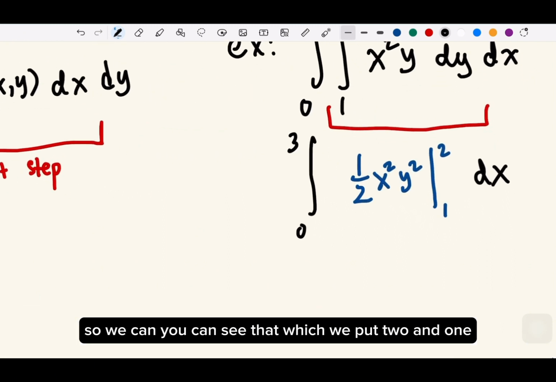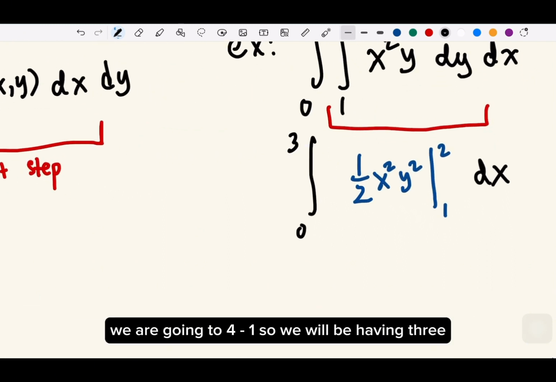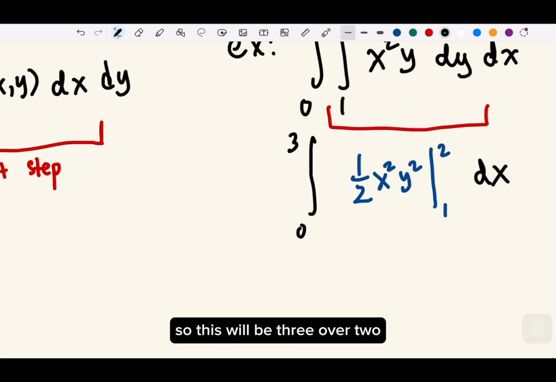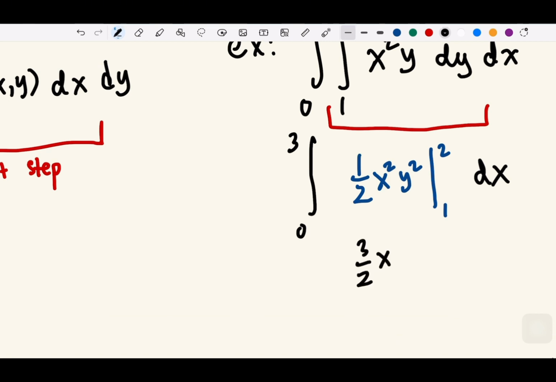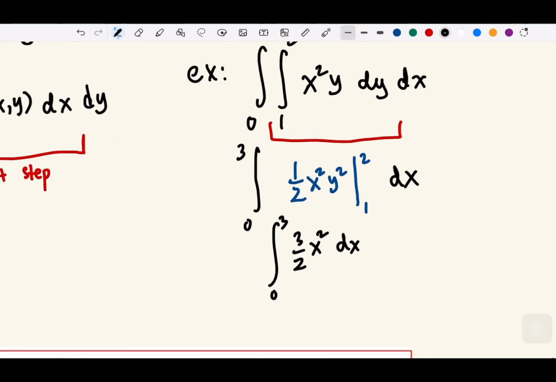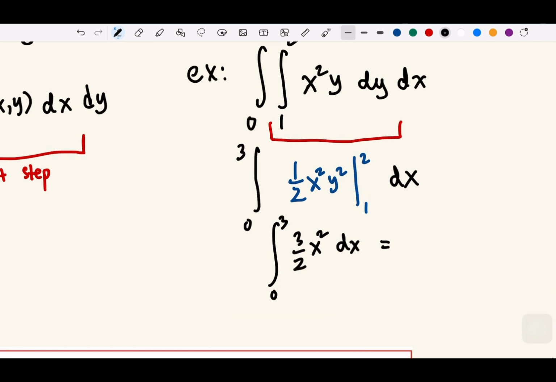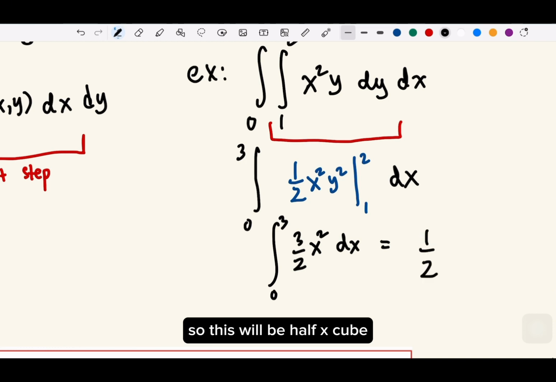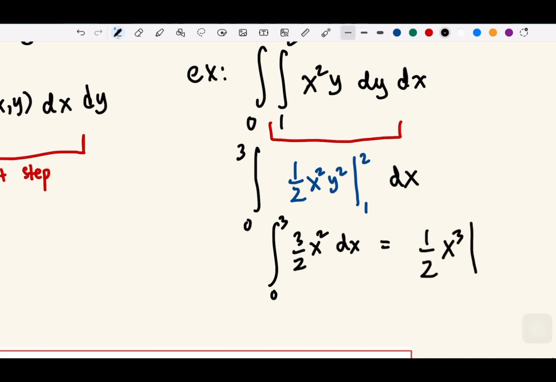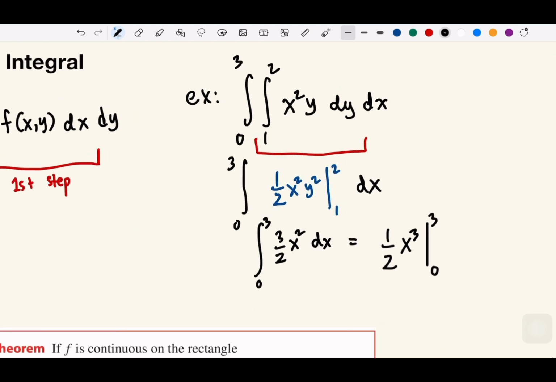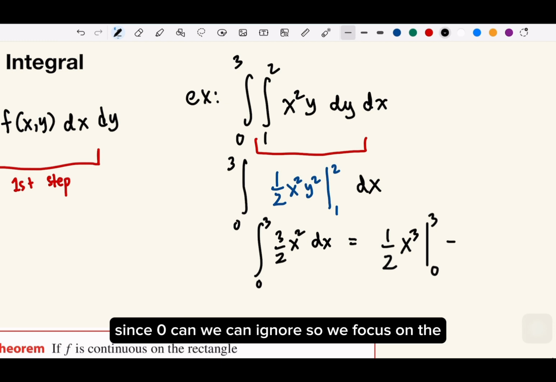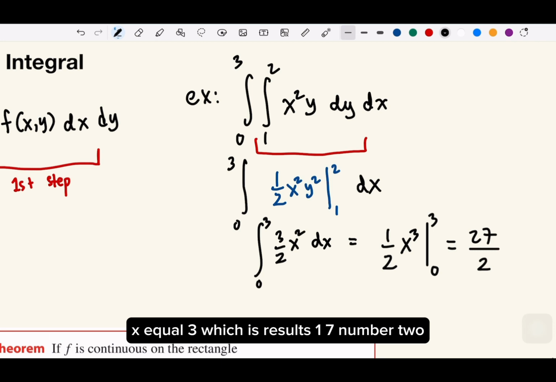If we put in 2 and 1, we get 4 minus 1, so we have 3. So this will be 3 over 2 x squared dx from 0 to 3, and we integrate x squared to become 1 over 3 x cubed. So this will be half x cubed from 0 to 3. Of course, we can just plug in. Since 0 we can ignore, we focus on x equal 3, which gives 27/2.